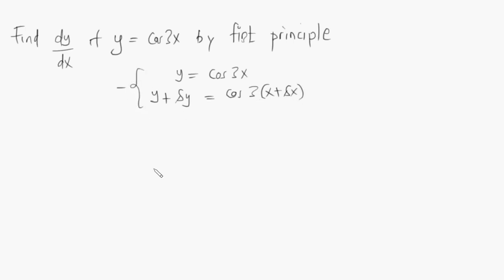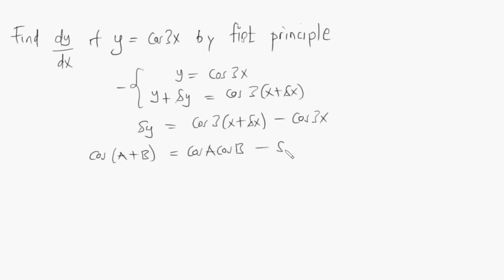So remember tulikuwa tuna minus ya chini na juu. So ukichukua upande wa huku obviously utabakia na delta y, na upande wa huku utabaki na cos 3x plus delta x minus cos of 3x. Now remember trigi ya form 4 tulisema kwamba cos a plus b ni cos a cos b minus sin a sin b.